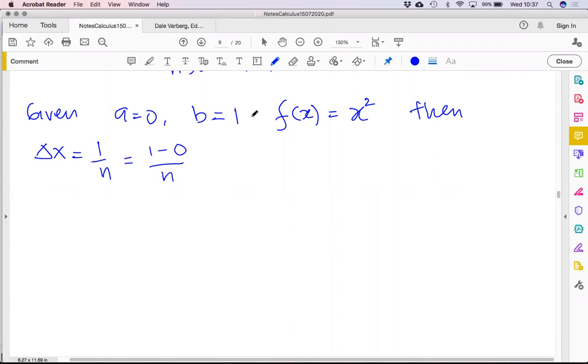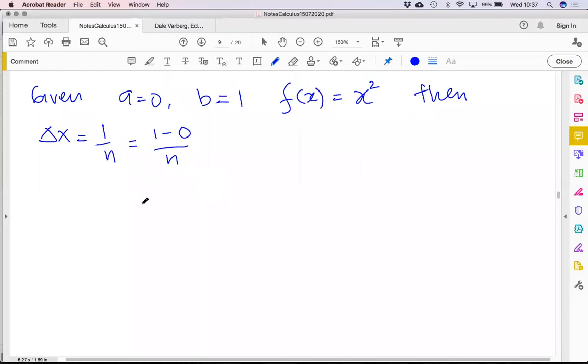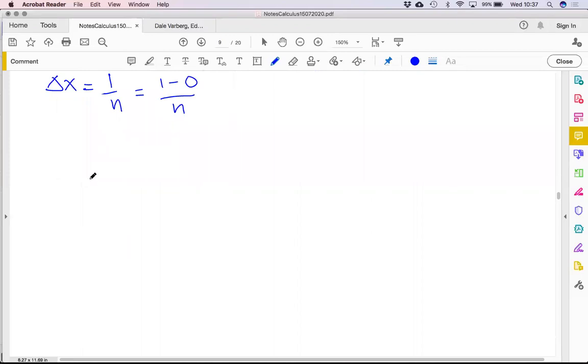And then what about xi? You need to know what xi is. Previously, we already know that. So this is the illustration. If we divide the interval from 0 until 1 into n uniform partitions, each is 1 over n.